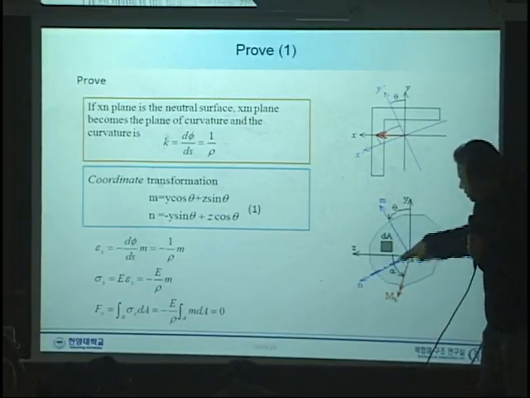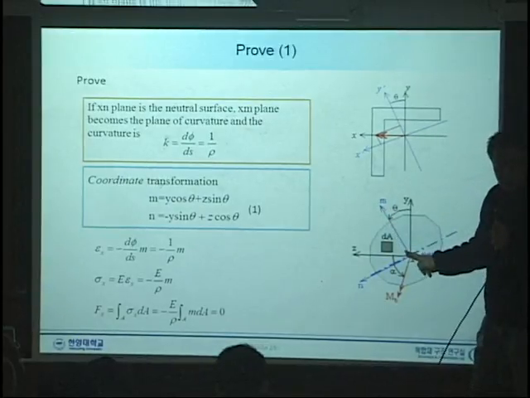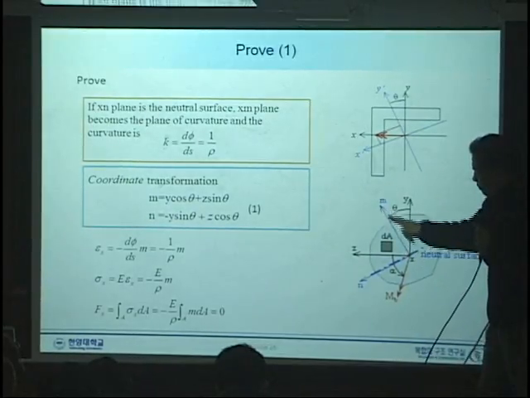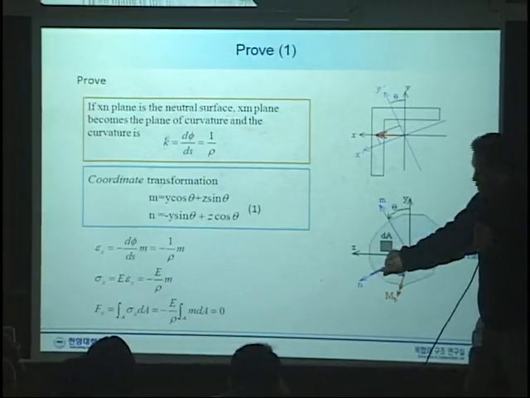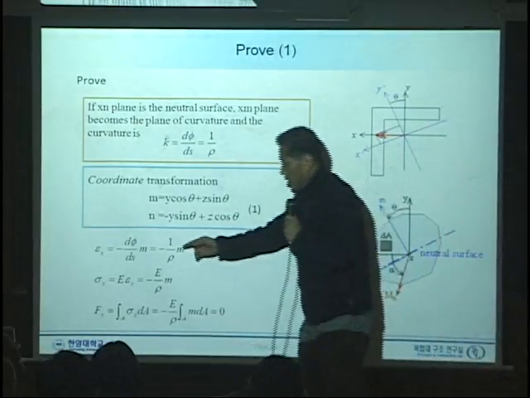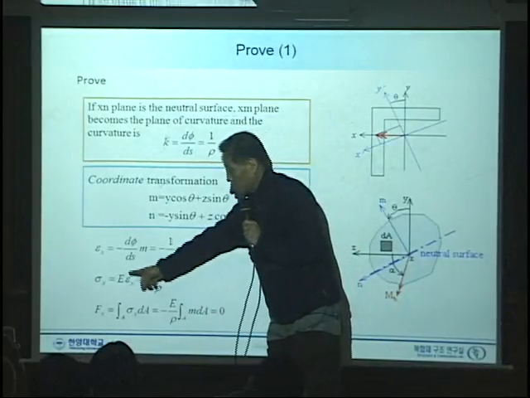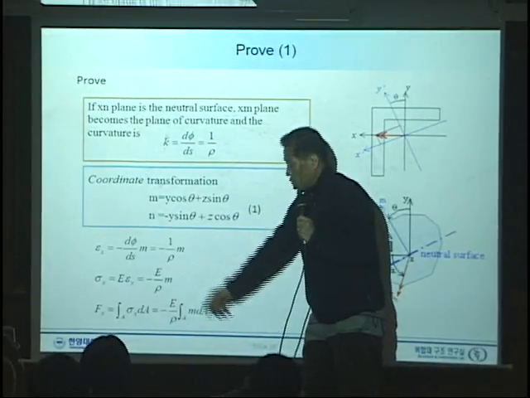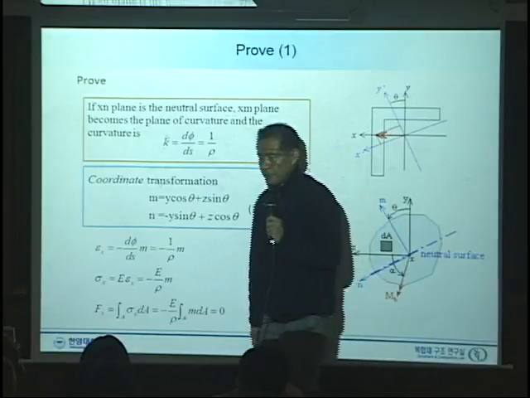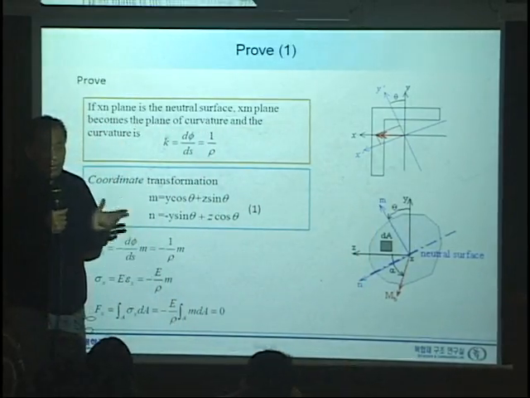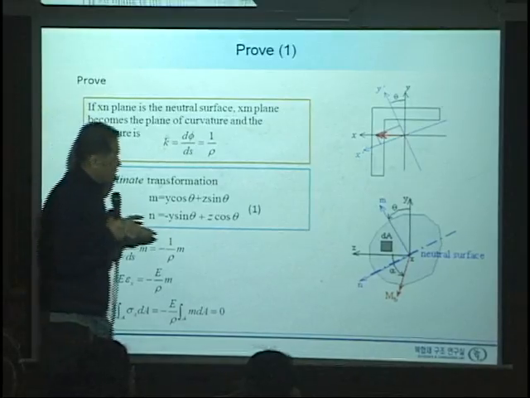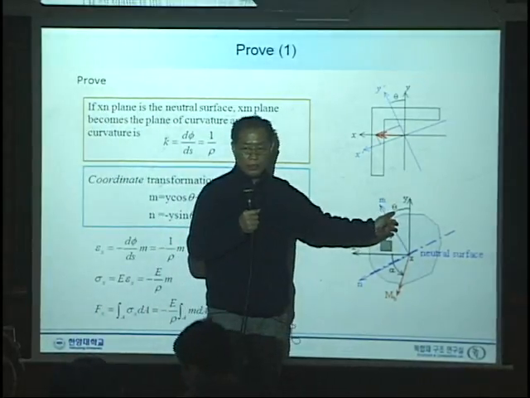Okay, m is the vertical axis with respect to this curvature axis, and denoting the curvature axis. So simply like that, and sigma x is times E, and this is the equation for the neutral axis.